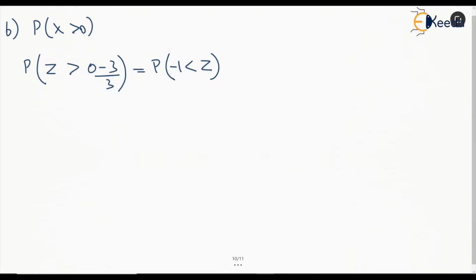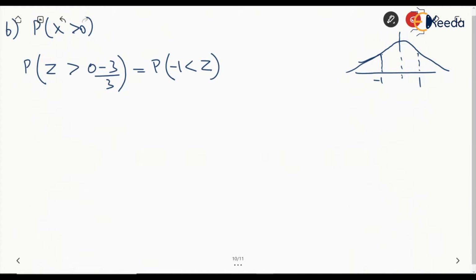So first of all, what is z up to minus 1? We have seen this. So this part is z greater than a certain value. Now that we have converted into standard normal, let's say this is -1, this is 1. We want a value greater than -1. So greater than -1 is on the right half of this -1.